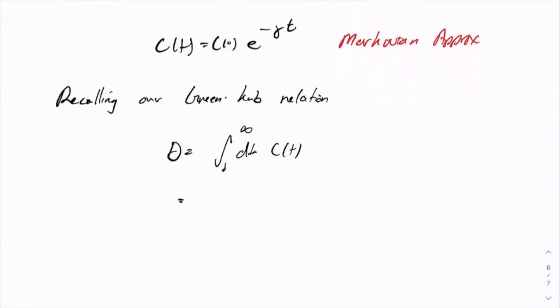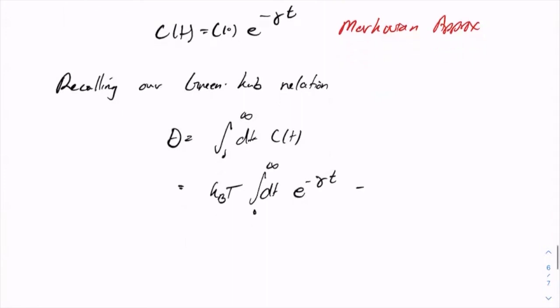Plugging that in, C0 is the mean squared velocity on average, which is just kBT. Again, m is set to 1. We have an integral over this decaying exponential, which just gives us kBT over gamma.